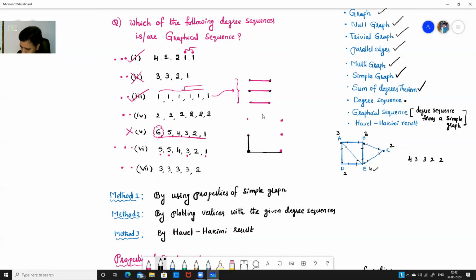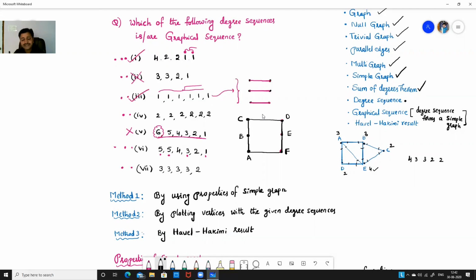Let it be A: degree of A equal to 2. Degree of B also 2. Degree of C is 2. Degree of D also 2. Degree of E also 2. And degree of F also 2. So every vertex has degree 2. In fact, it is a cycle graph.